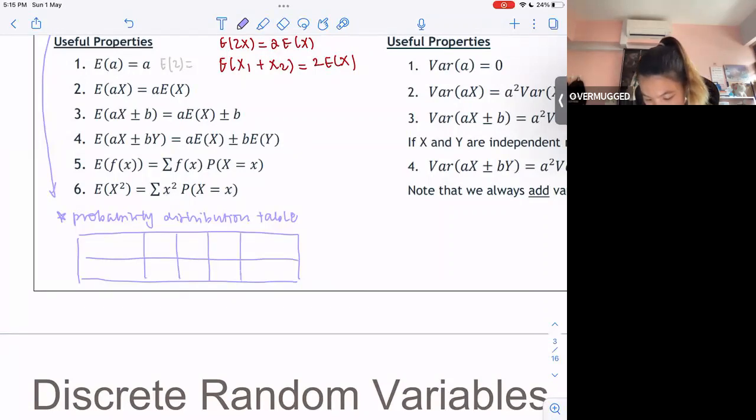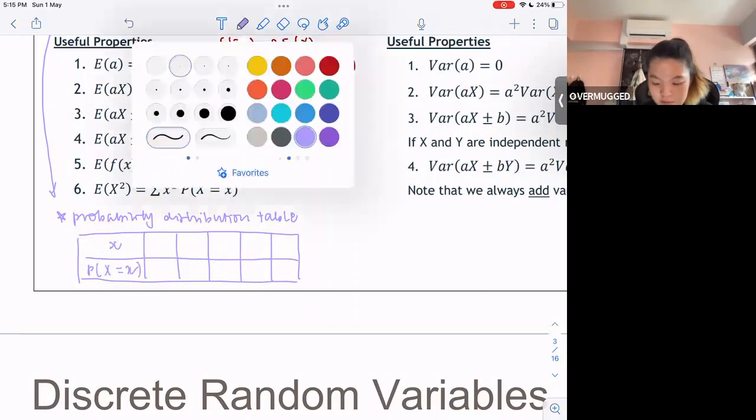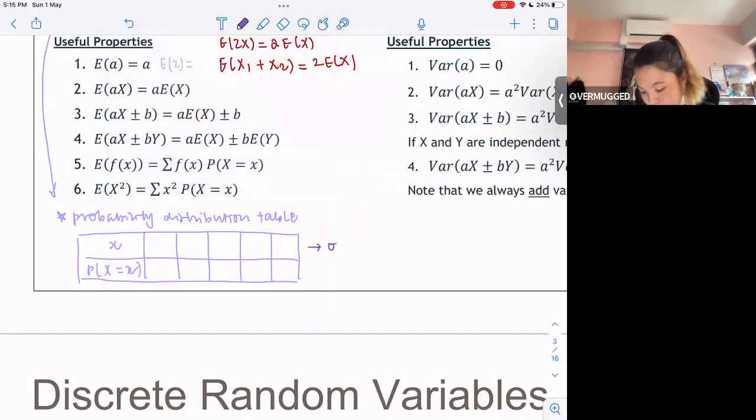And then we have the different values over here. So usually we have x here, and then the probability of x being x over here. So these are all the possible outcomes. And then these are your probabilities. So in the probability distribution table, all these probabilities should add up to 1.